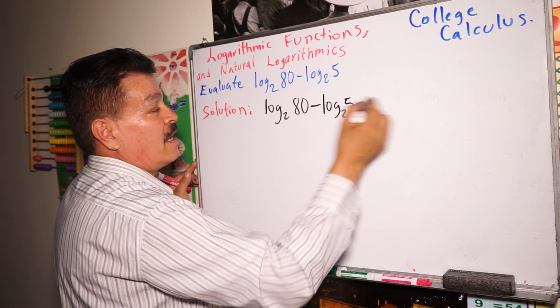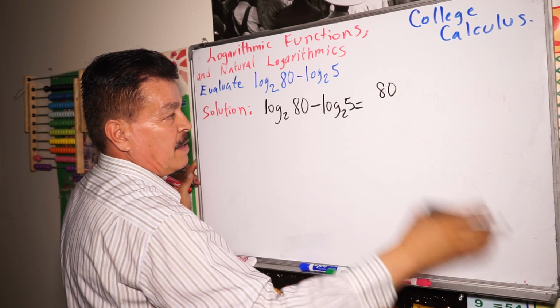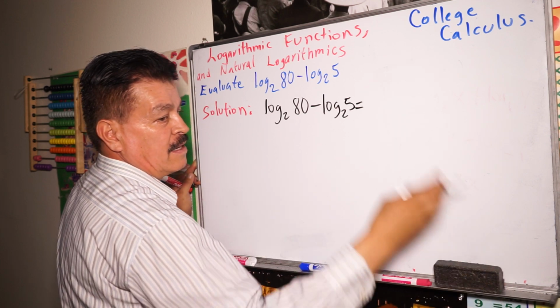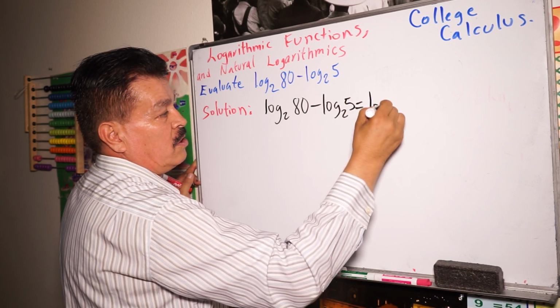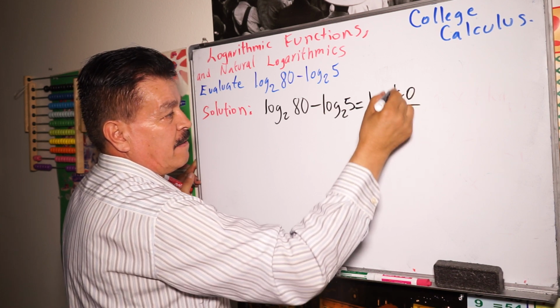Remember the rules. It's going to be log 2 of 80 divided by 5.